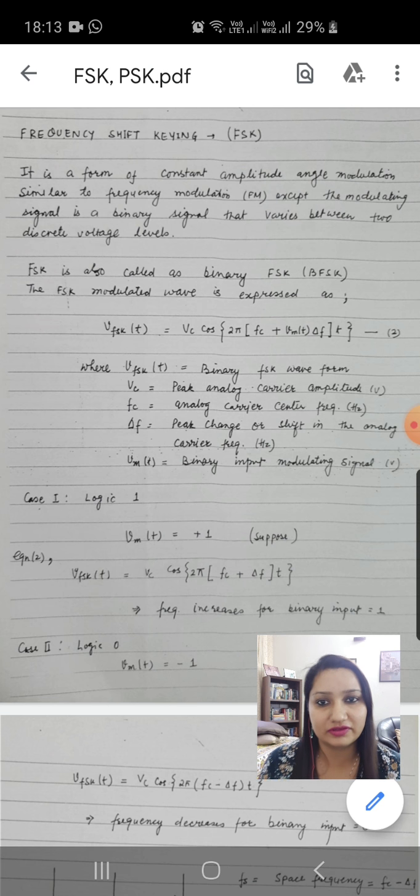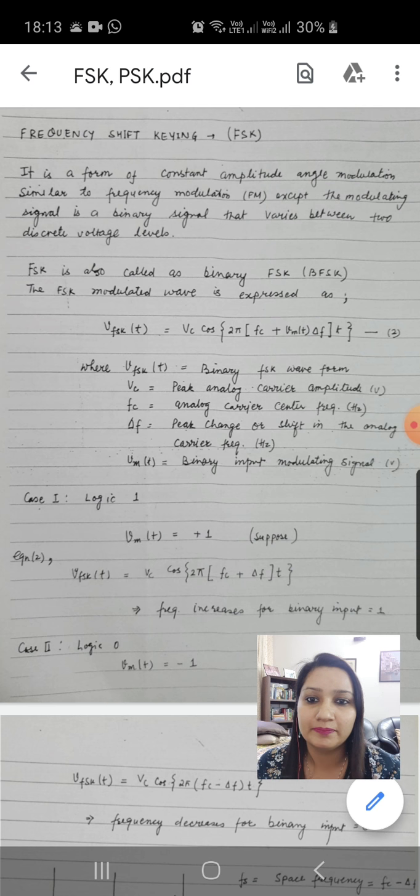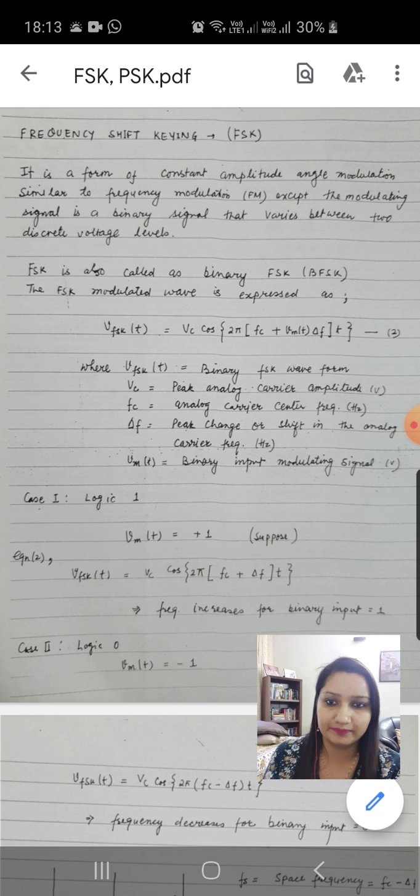As we have discussed earlier, every modulation has its characteristic equation. So the equation of the FSK wave, that is the frequency shift keying, the digital version, will be as given in equation 2, that is Vfsk equals Vc cos 2 pi (Fc plus Vm(t) delta f) t.